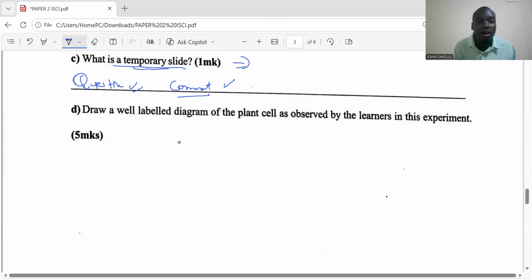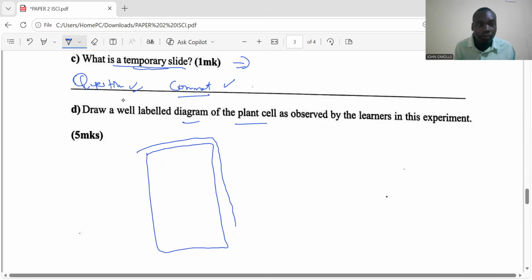Last question, draw a well-labeled diagram of a plant cell as observed by the learners in this experiment. So we know that a plant cell has a definite shape that can be defined.